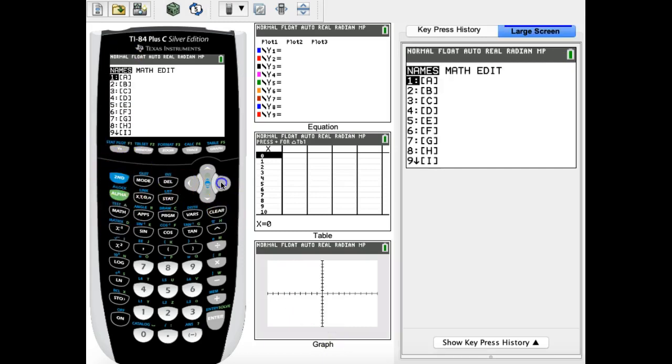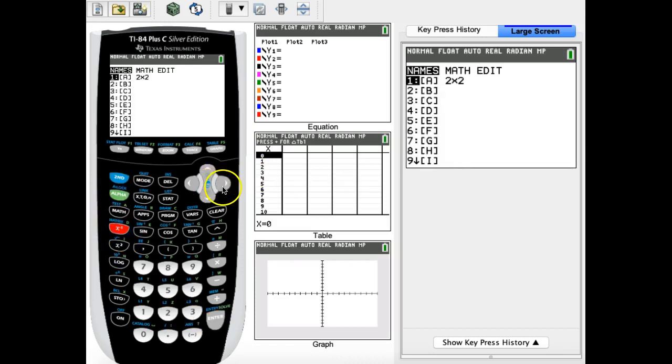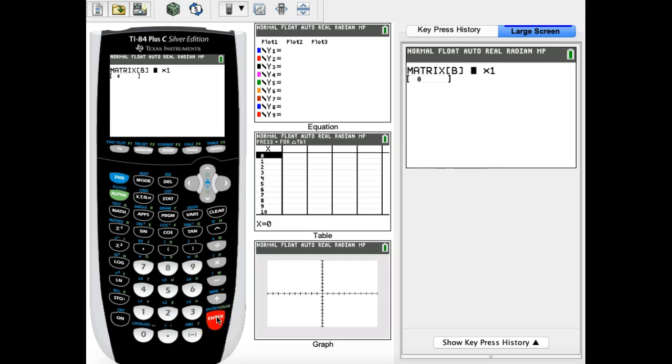So this is definitely going to be the longest. Second matrix, remember we're going into this. This is a 2 by 2. We have 3, 4, negative 1, and 2 is my first matrix. And then the second matrix, go back into edit. 1/5 is 0.2.